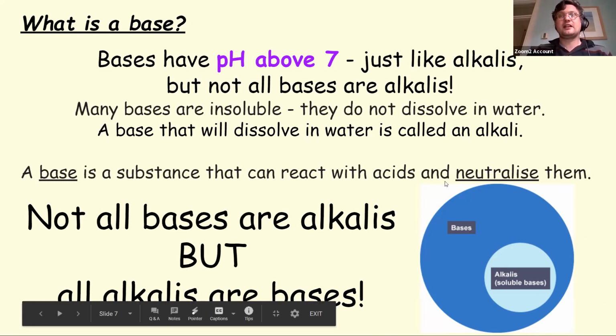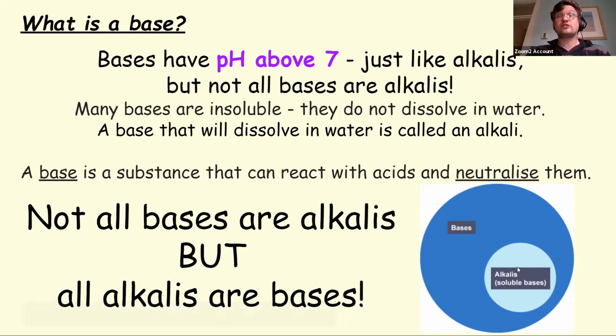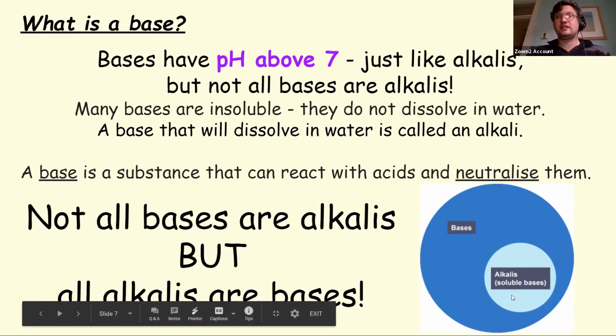Here's a Venn diagram containing all the things that are bases, all the things that will neutralize an acid. But alkalis are a smaller subset of bases. They do neutralize acids, and they also dissolve in water to form OH minus ions. So all alkalis are bases, but not all bases are alkalis.